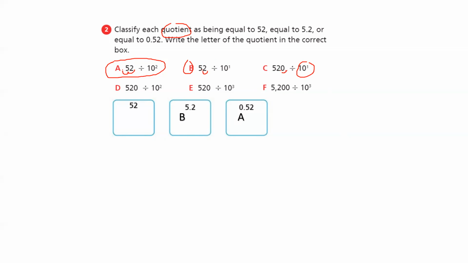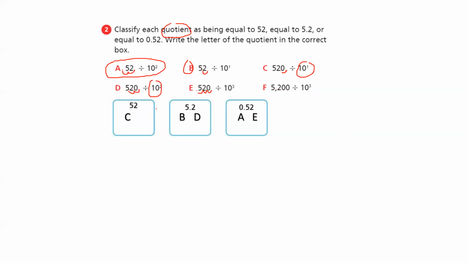It's going to move over once, it's going to turn into 52. What about 520? Well, it has an invisible decimal here. Divided by 10 to the second power means 1, 2. Answer is 5.2. And then 520 divided by 10 to the third. There's the decimal. It's going to move over once, twice, 3 times. So it turns into just 52 hundredths.